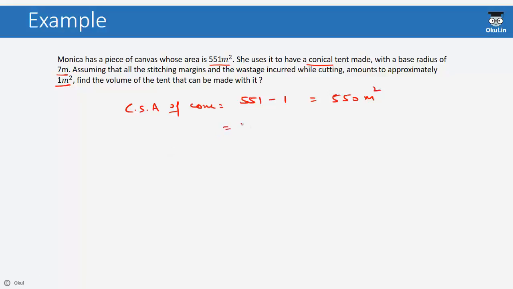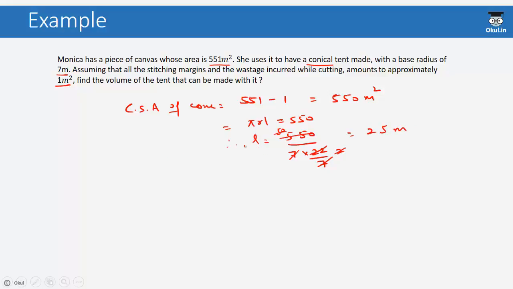Since the curved surface area of a cone is pi r l, and that is equal to 550 meters square, and we have been given the base radius, we can calculate the value of l, the slant height, which is equal to 550 divided by 7 into 22 by 7. So 7 gets cancelled, and the value of the slant height comes out to be 25 meters.